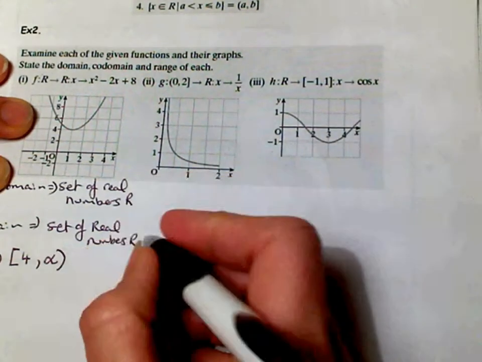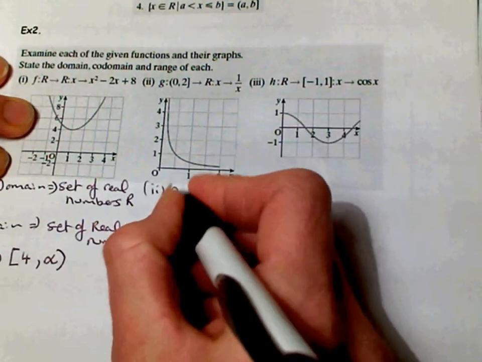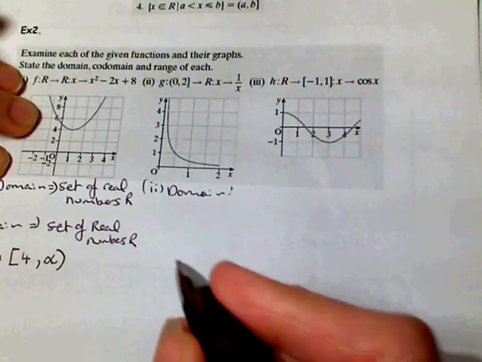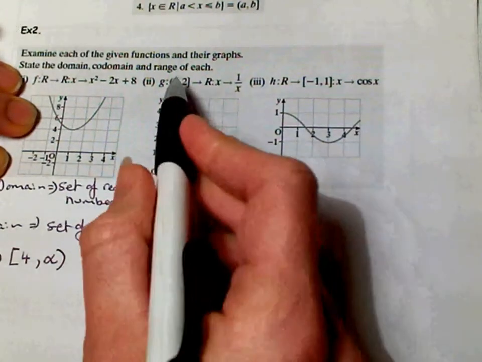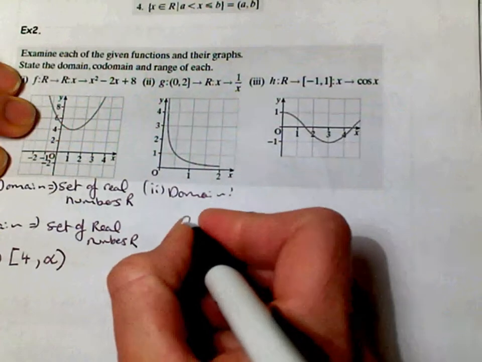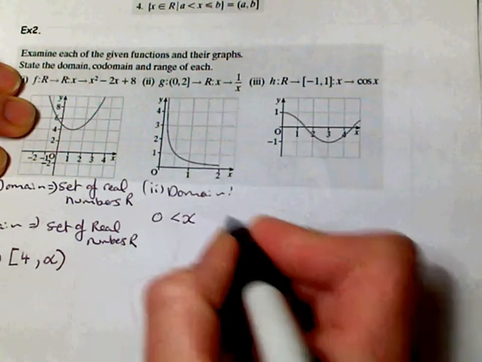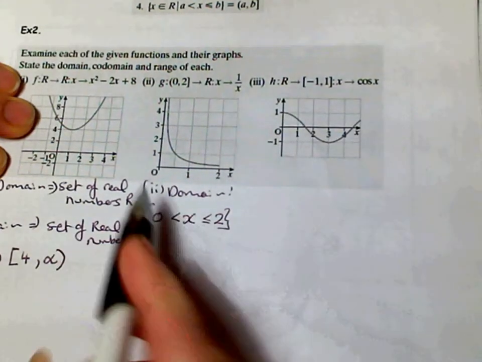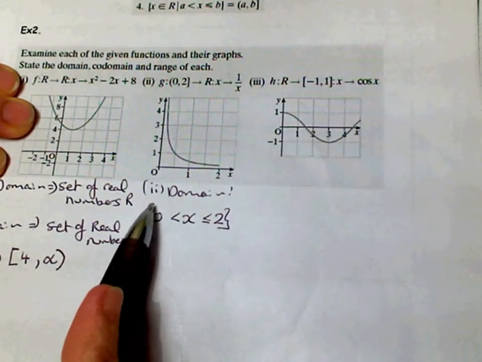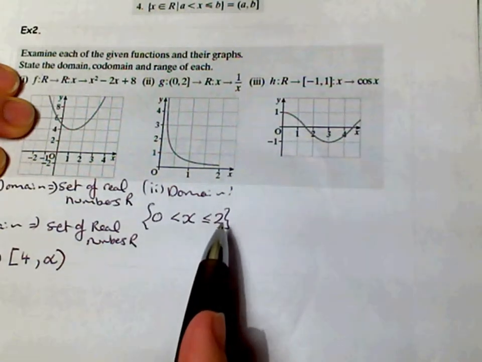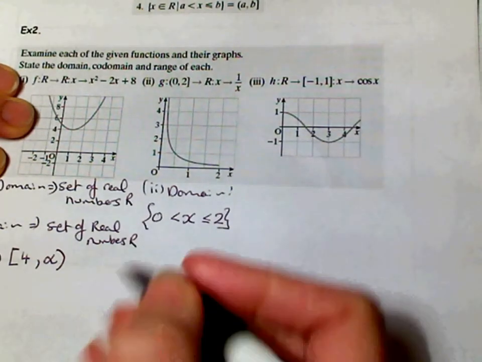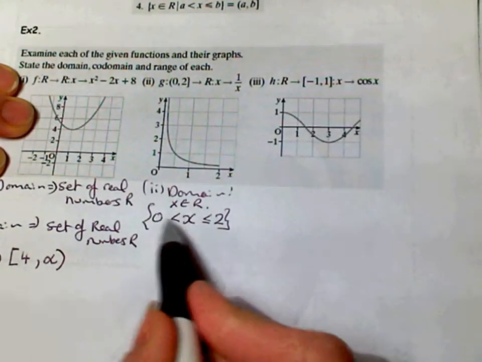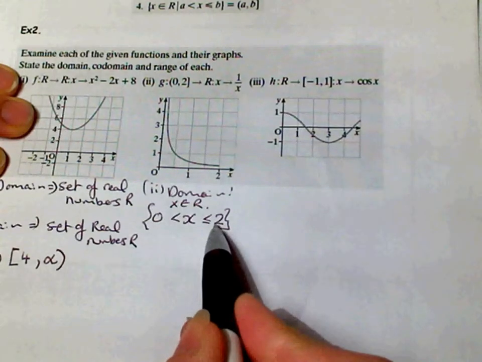The first thing we're asked for in part 2 is the domain. If you look here, you're told that x is greater than 0 but less than or equal to 2. So x values are greater than 0 because of the round bracket, and less than or equal to 2. You can state that x is an element of R, but those values just fall in between greater than 0 and less than or equal to 2.